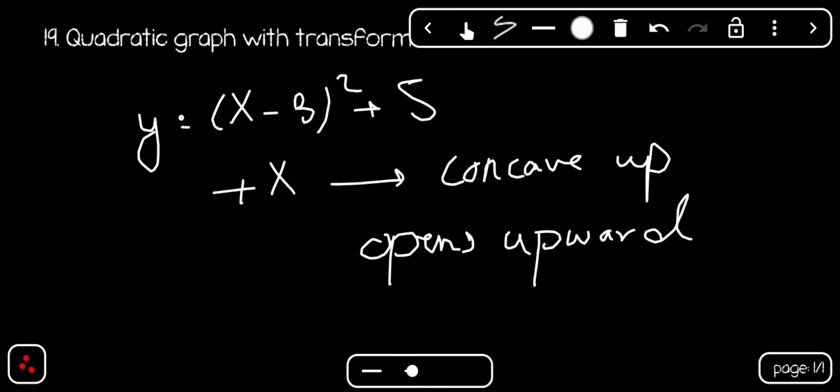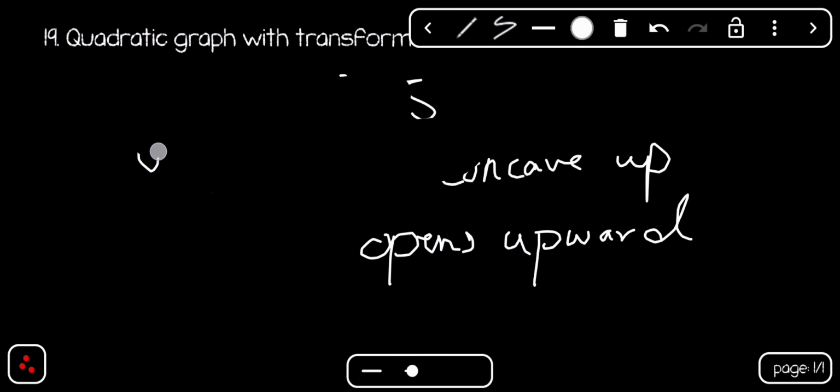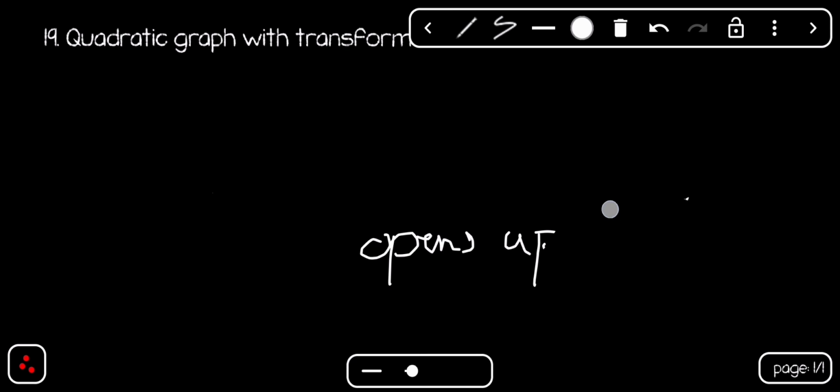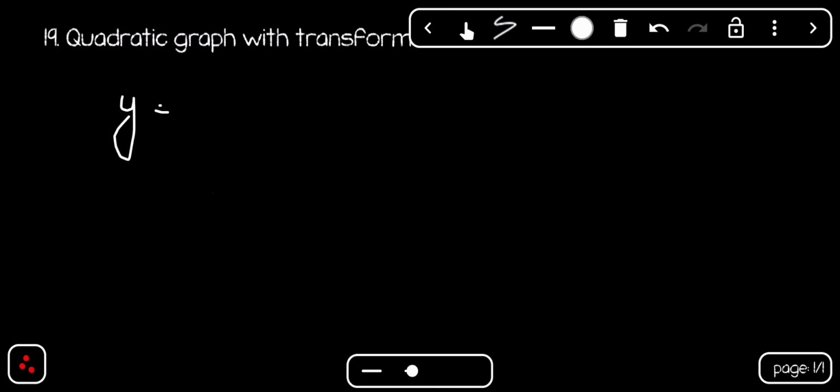Yep guys, so let's focus on transformation. The transformation is a little bit tricky, but let me make it clear for you. When we have y is equal to (x minus 3) whole squared plus 5, inside the parentheses it shows you the shift along the x-axis.